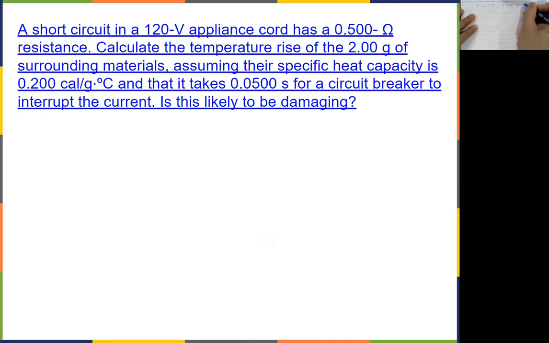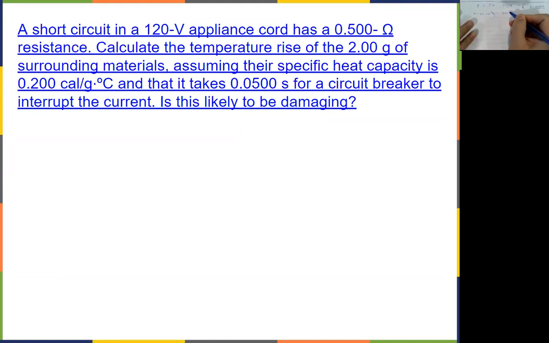P equals V squared over R, and it tells you t is equal to 0.05 seconds. Now the material has a mass of 2.00 grams, so you want to make the appropriate conversion to SI units, times 10 to the minus 3 kilograms.